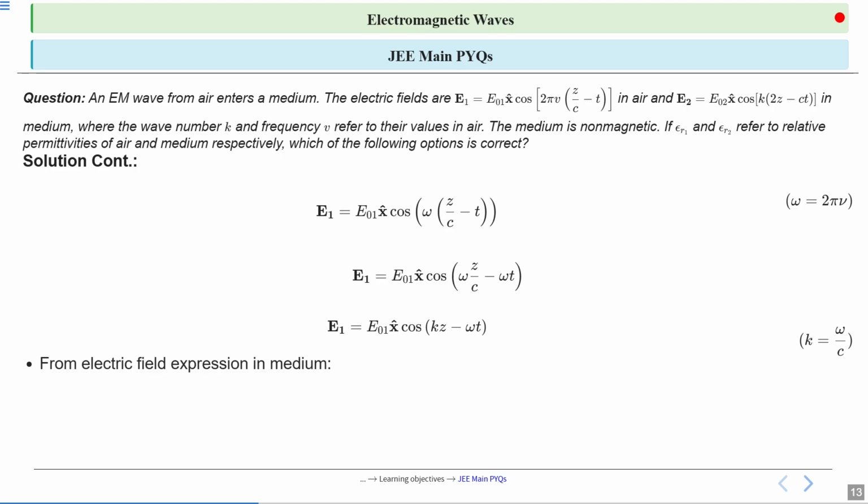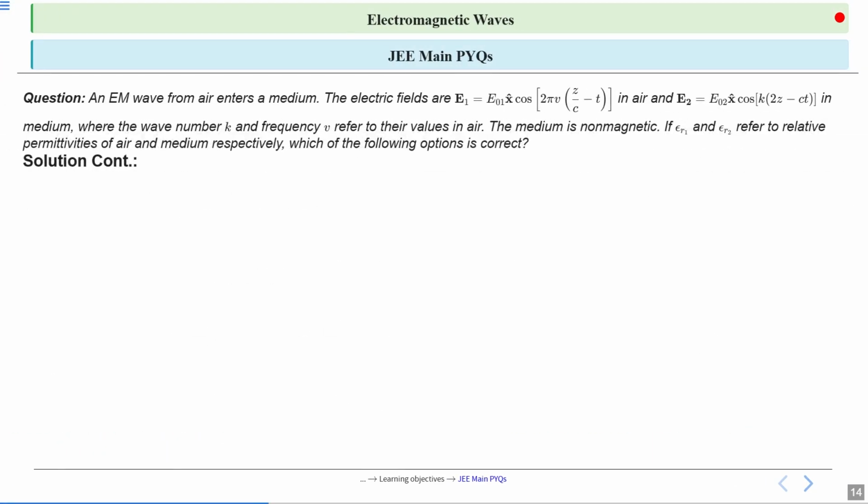So this is the electric field in air. Now the electric field in the medium is given by E2 equal to E naught 2 x cap cos 2k (z minus ct). Now we will multiply this 2k into the bracket.